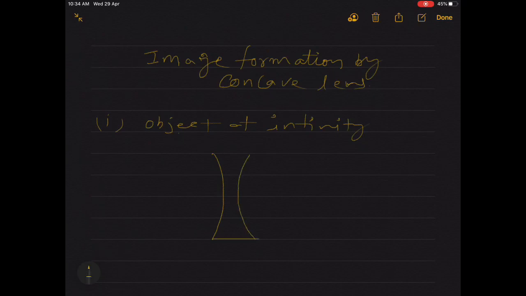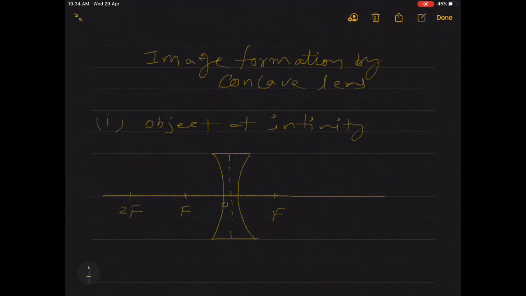So this is the concave lens, this is the principal axis, optical center, and this is the distance equal to focal length and the location of the focus.